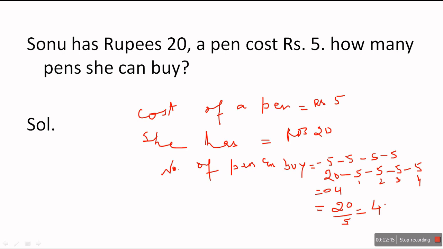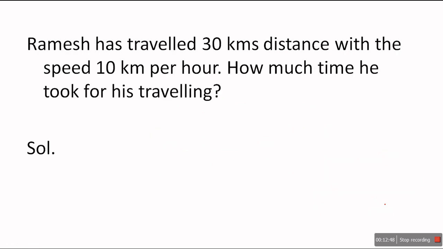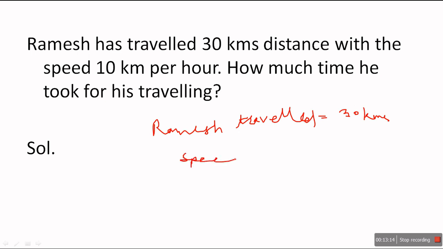Okay, let us take another example. Ramesh has traveled 30 kilometers with speed, what is the speed? 10 kilometers per hour.